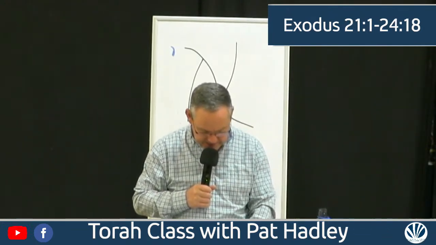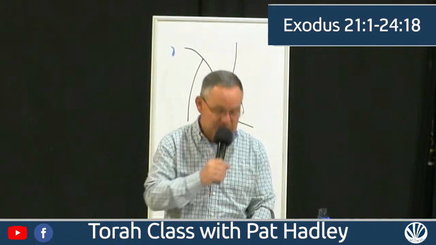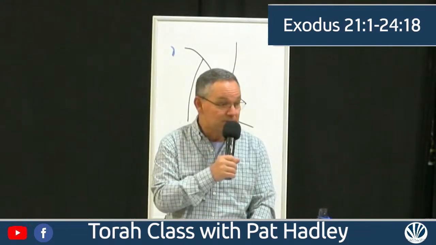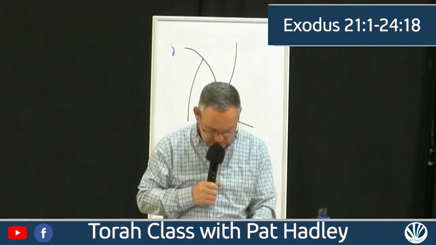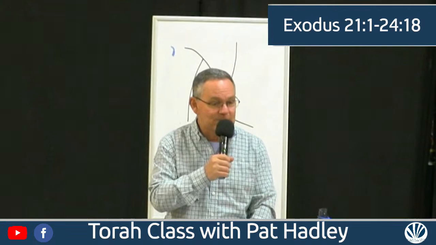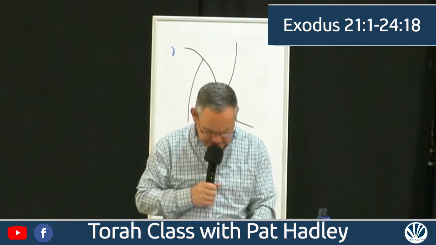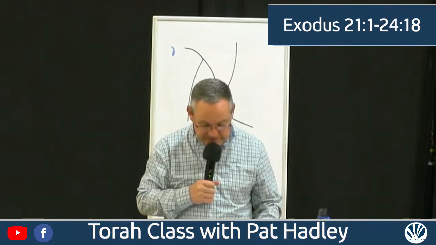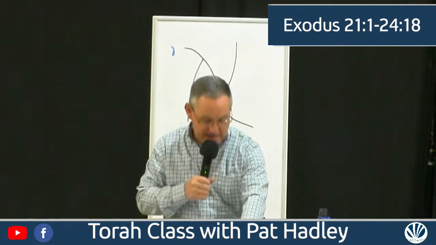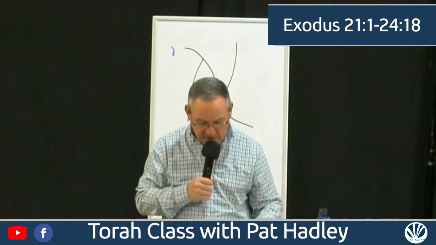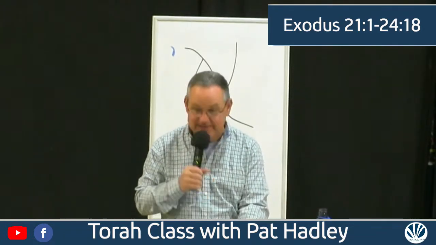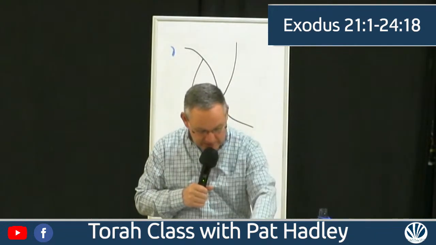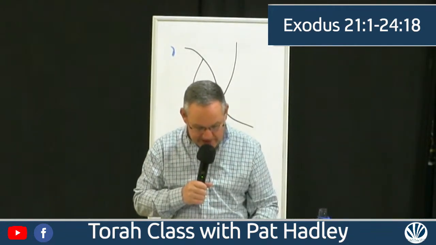It'll have instructions about personal responsibility and family relationships, okay, including you-know-what, religion and worship, treatment of strangers and foreigners and widows and orphans and the poor, and instructions regarding borrowing and lending. So that's a lot right there. That's a lot of lessons to learn in life.